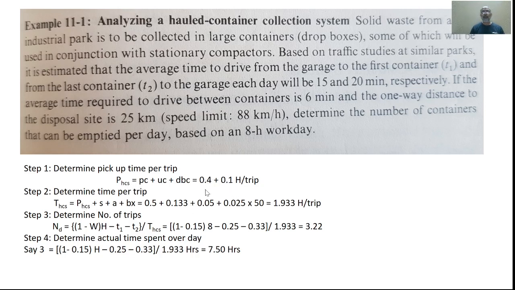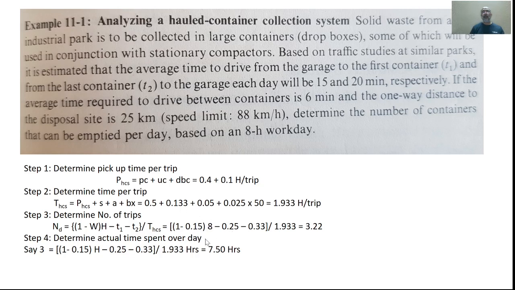Here this particular 0.5 hour is substituted as the at-site time, and the haul time A plus Bx is given consideration for the speed limit of 88 km per hour. The time per trip can be determined as 1.933 hours per trip. Also, the time which is spent towards unproductive activities can typically be considered a fraction of the time per trip, which is say 0.15.